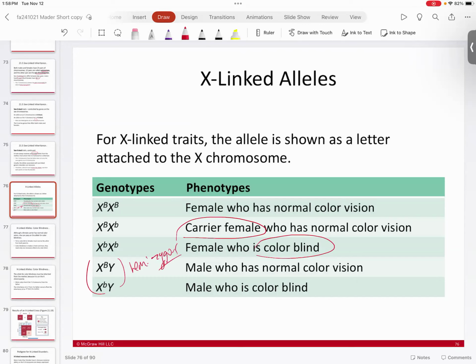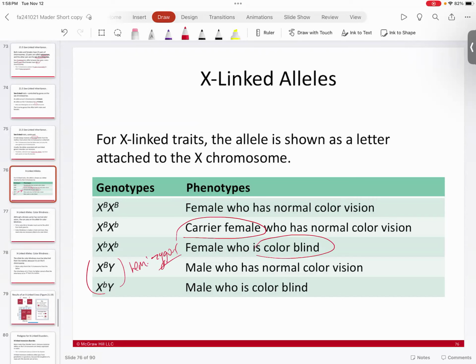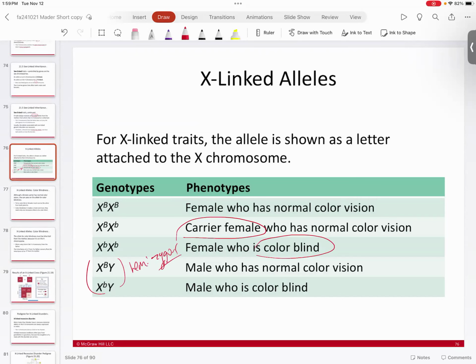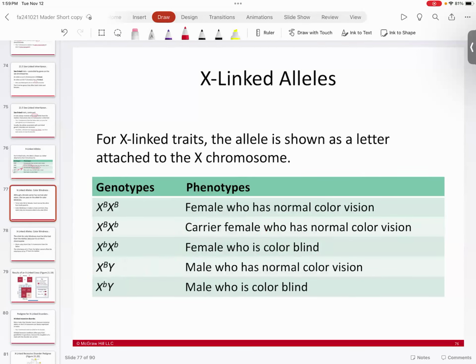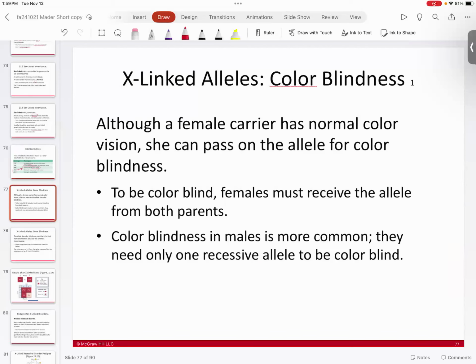These guys will basically be 50-50. So half of them are going to be hemizygous dominant with normal color vision and hemizygous recessive with color blindness. Ultimately, most females for sex-linked genes are carriers, but they usually have the normal gene.